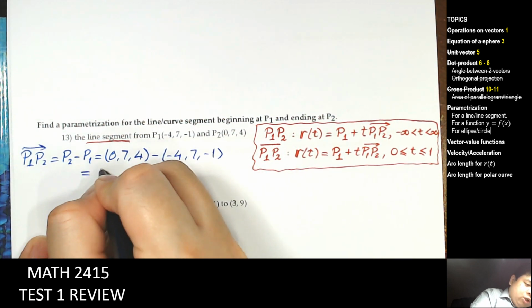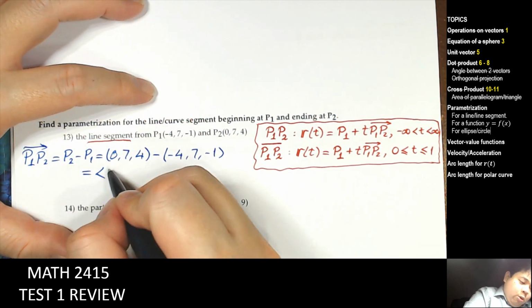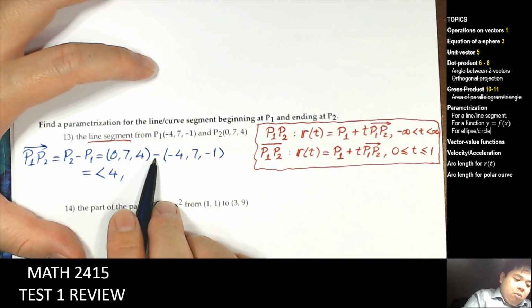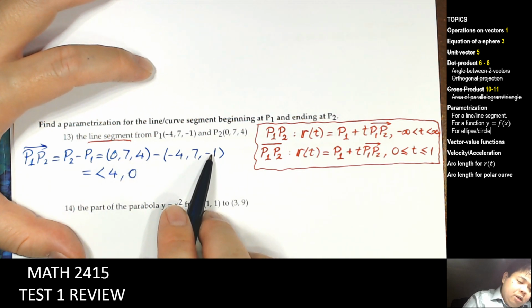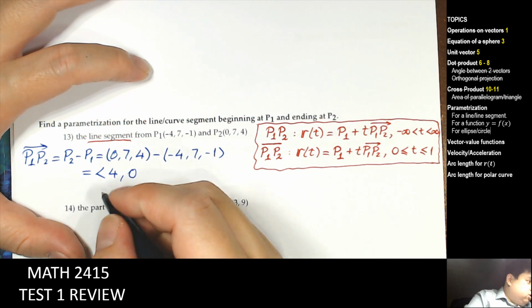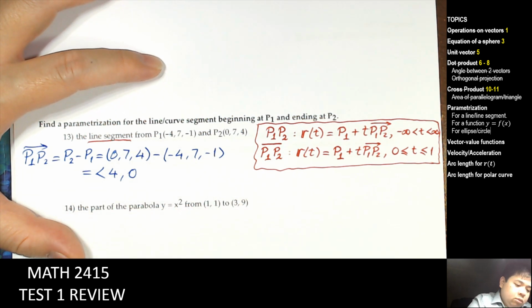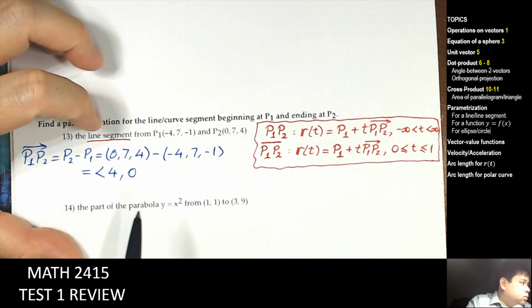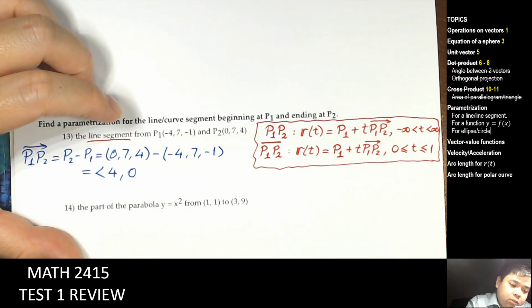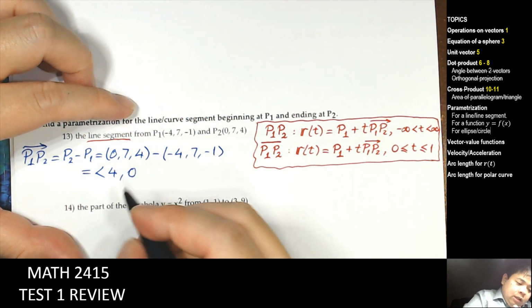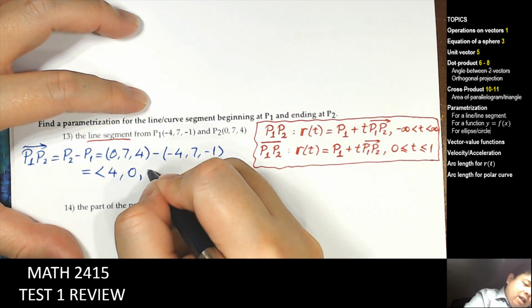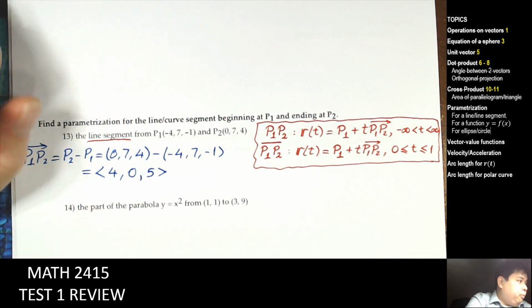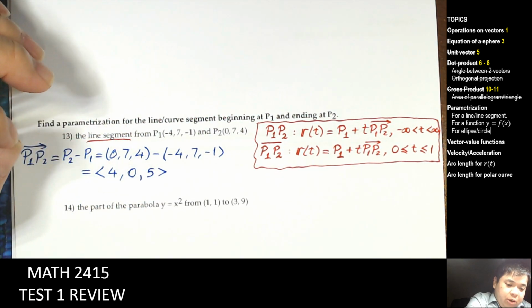Right, so we subtract them, we should have a vector: 0 minus negative 4, that's positive 4; 7 minus 7, that's 0; and then 4 minus negative 1, that is 5. Alright, so we have the vector P1P2.